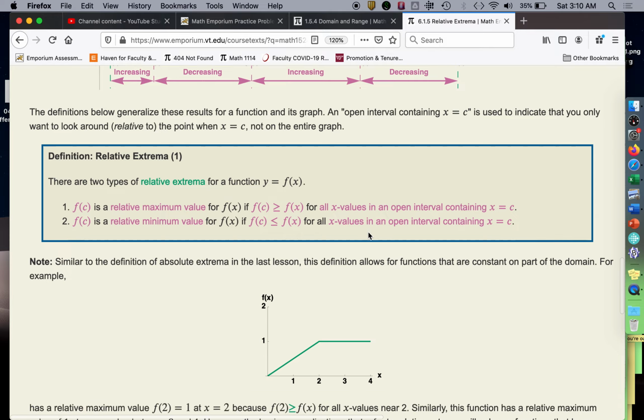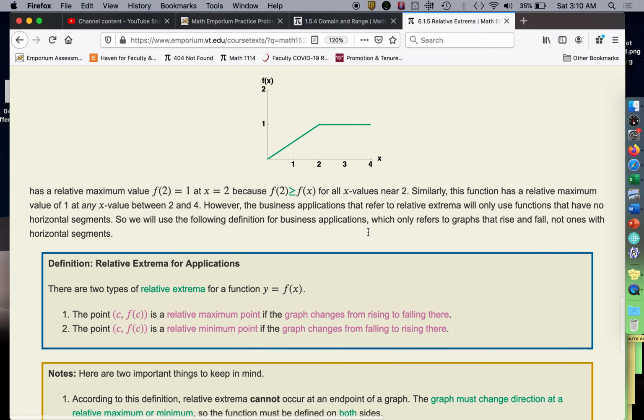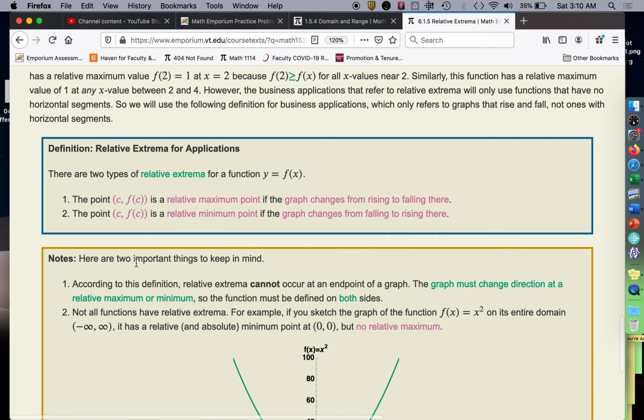And then it makes the point down below in the notes, two important things to keep in mind. Number one, according to this definition, relative extrema cannot occur at an endpoint of a graph. The graph has to change direction.